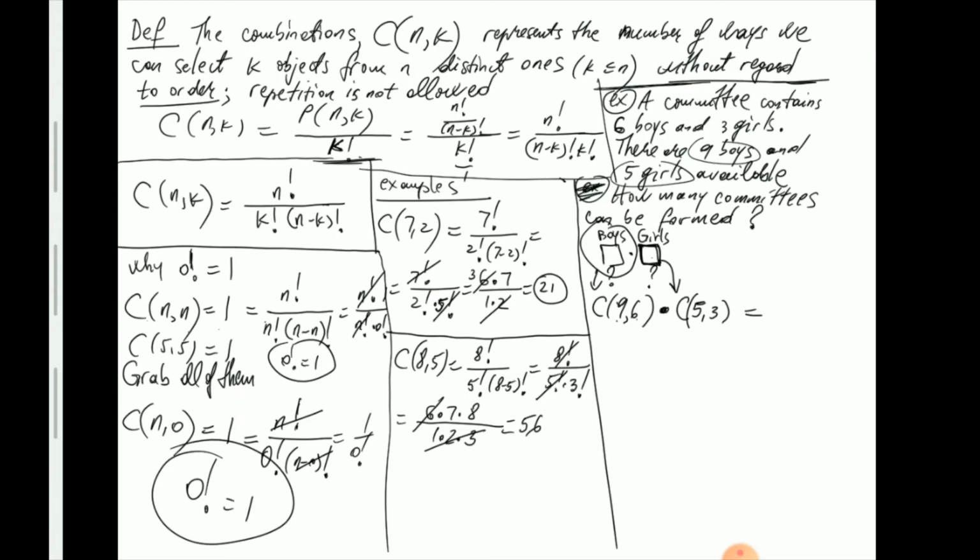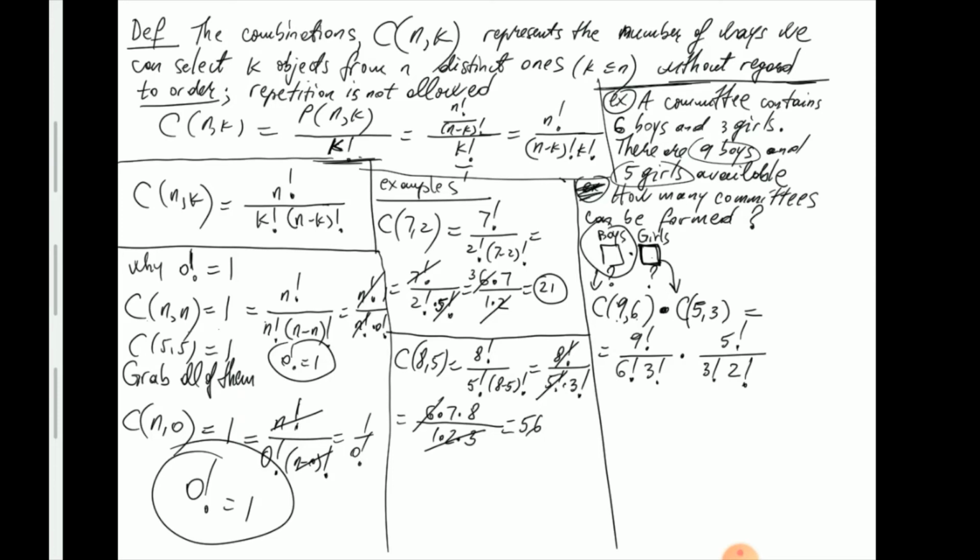Once you establish this, that's the hard part. Now you just have to pay attention to write down the formula carefully, and then simplify. So the top is n factorial over 6 factorial times 3 factorial, 9 minus 6. And then here is 5 factorial, 3 factorial, 5 minus 3, which is 2 factorial.